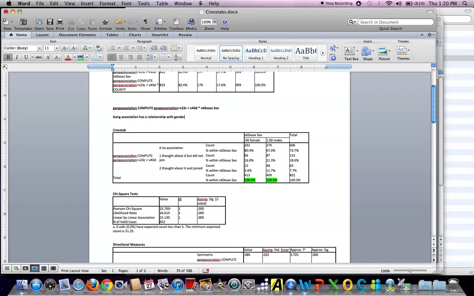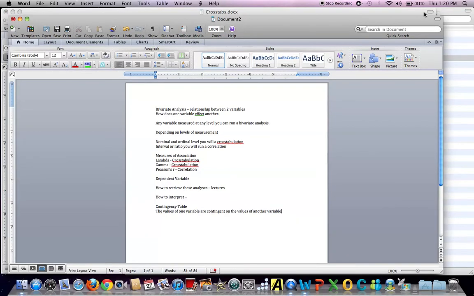Speaking about hypotheses, let's go back to our whiteboard. Before you get started, you always want to hypothesize a relationship, and there are two ways to hypothesize. You have your null hypothesis and you have your research hypothesis.